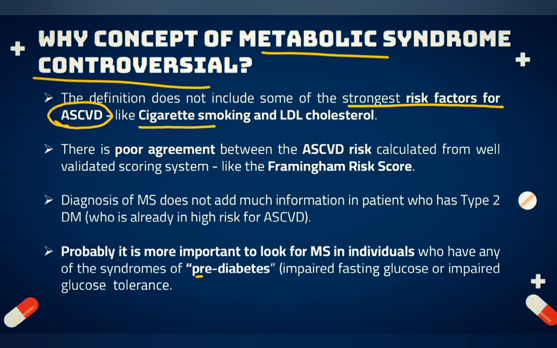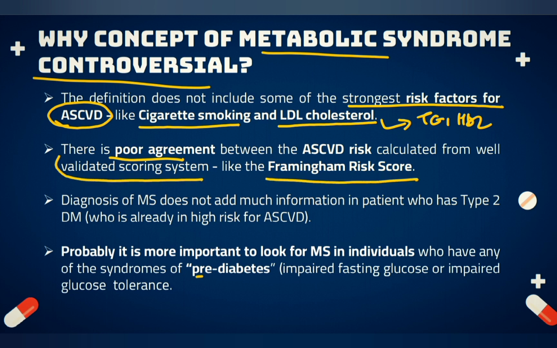These are cigarette smoking and LDL cholesterol level, as our present definition only includes the level of triglyceride and HDL. The second controversial thing is that there is poor agreement between our present harmonized definition and other already existing validated scoring systems such as the Framingham risk score.